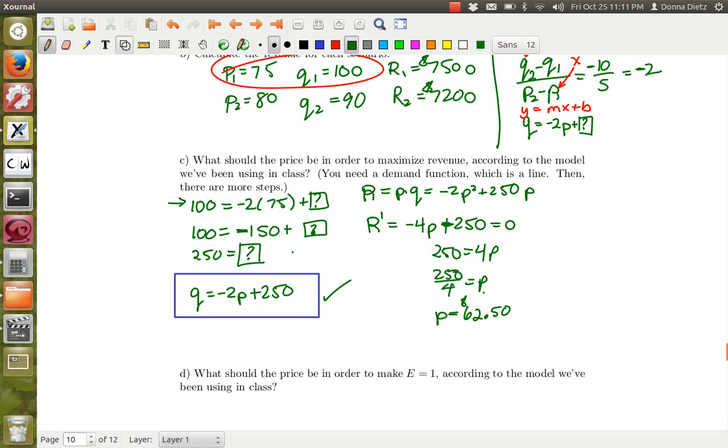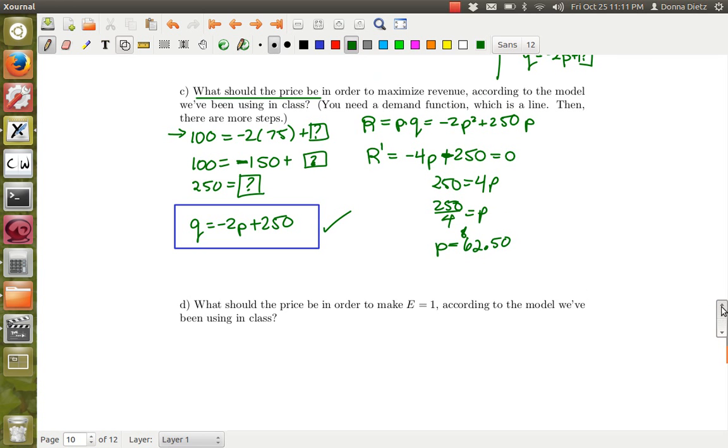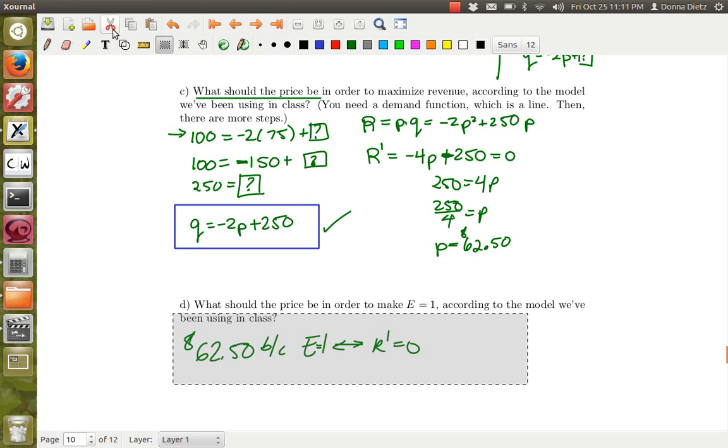What should the price be? There you go. We got it. Now, what should the price be in order to make E equal 1? You could just say 62.50 because E is equal to 1 if and only if the derivative of the revenue is 0. But I don't expect most people would figure that out, but maybe you would.